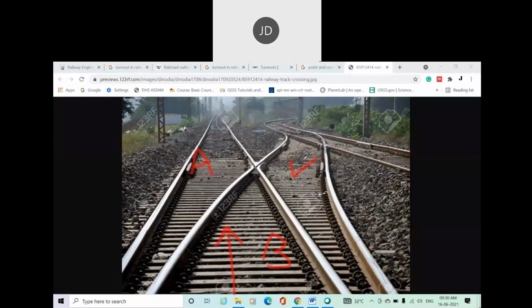And suppose this track is track number C, considering the direction of the train in this direction.